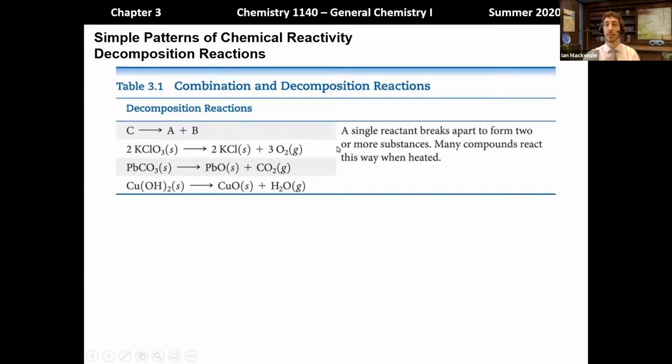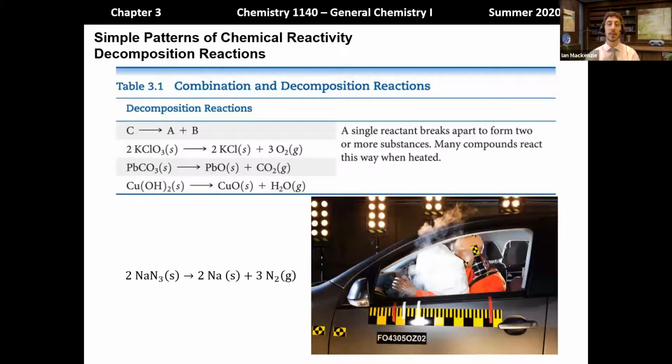This is a reaction that's used if you've ever seen a chemical demonstration where people will light a gummy bear on fire. Often they use potassium chlorate. And there's a few other examples here, but one that's probably more familiar to you on a practical everyday level is the decomposition of sodium azide.